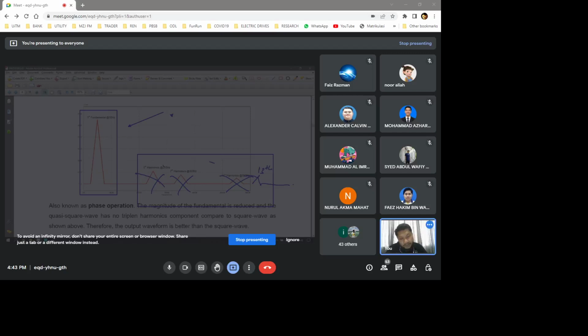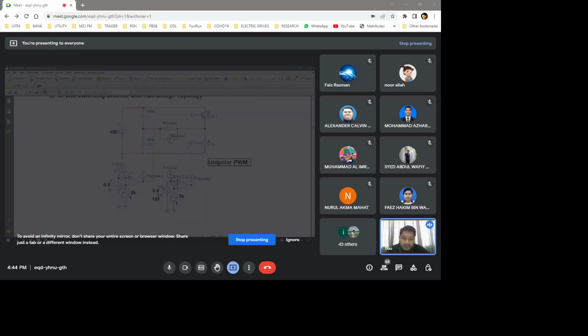If we get rid of these 5, 7, 11 and the rest, what is left is only the fundamental, which is the AC waveform, and it works at 50 Hz with a certain amplitude. Right, that's the basic. You're going to learn more detail again in the video. So that's the second control technique.